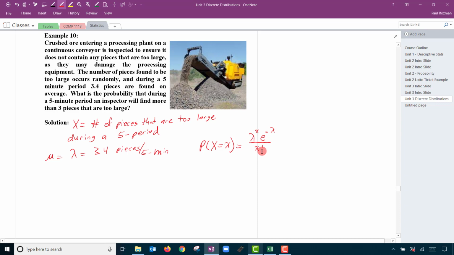And our question is asking, what are the chances that we see 3? Or actually more than 3? So this is the problem we're trying to solve.